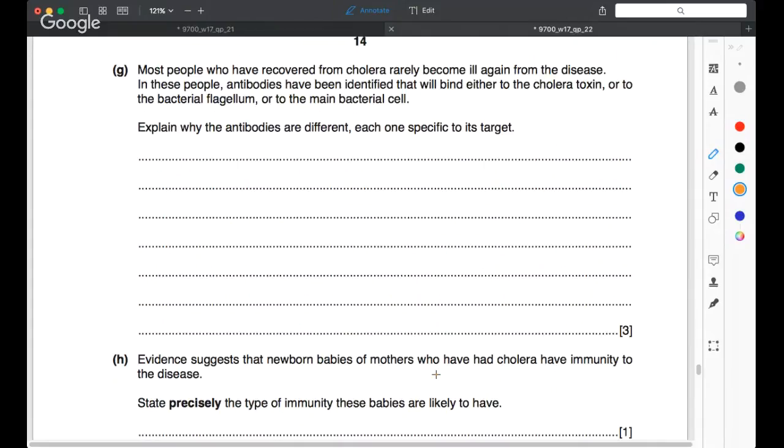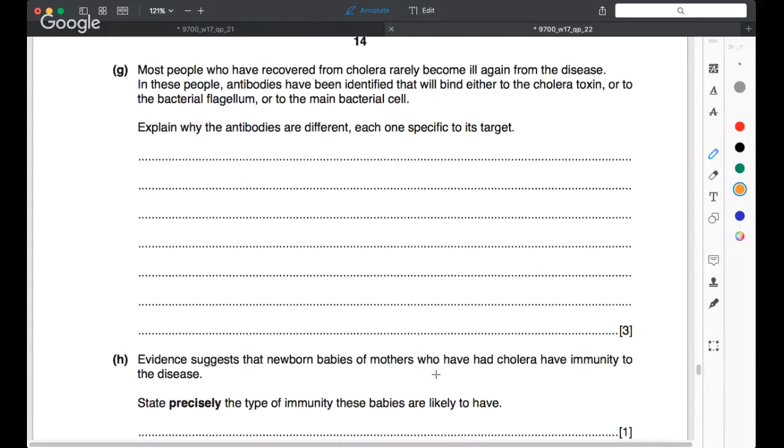So the antibodies all contain different variable regions of antigen receptors, which are complementary to the specific proteins of the toxin, which are different to the specific proteins of the Xylem, which are also different to the specific proteins of the main bacterial cell.